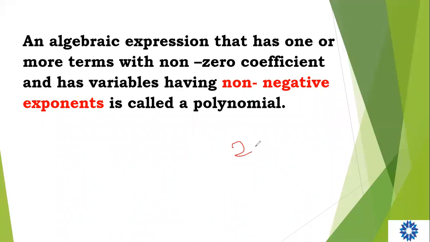For example, 2x power 3 minus 4. The exponents, like power, should be non-negative, which means the power should be positive. First, this is an algebraic expression. Power is positive. So this is called a polynomial.